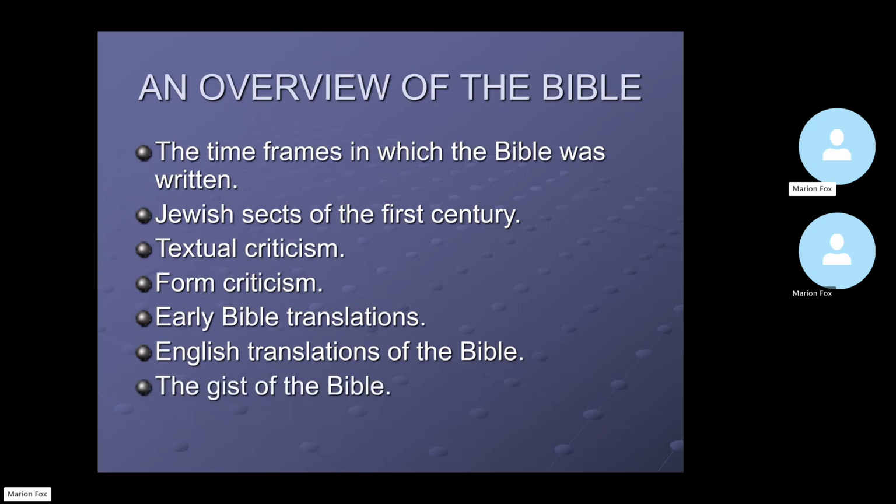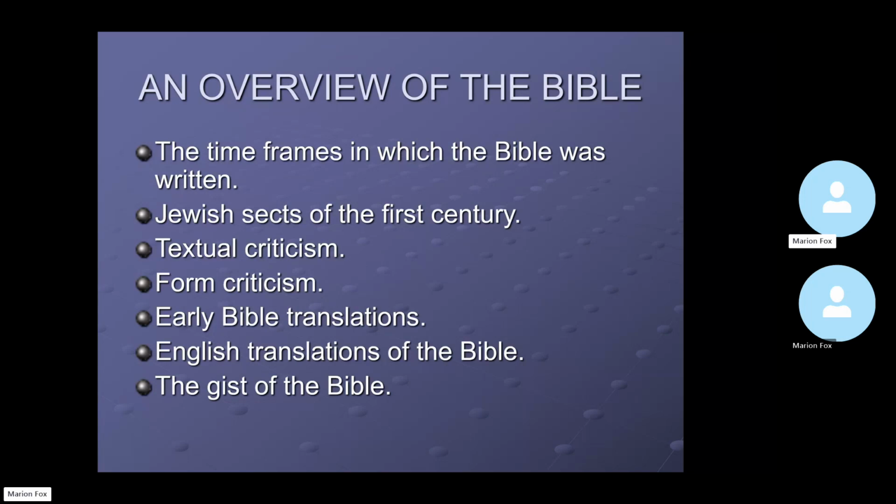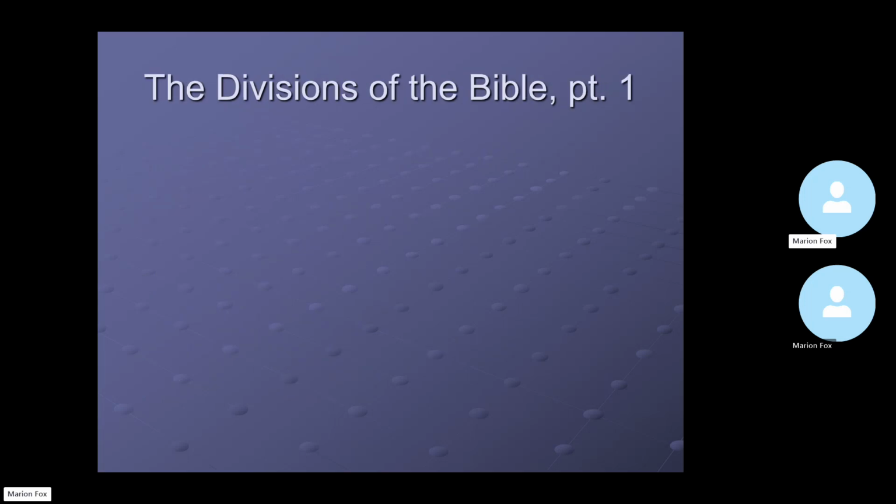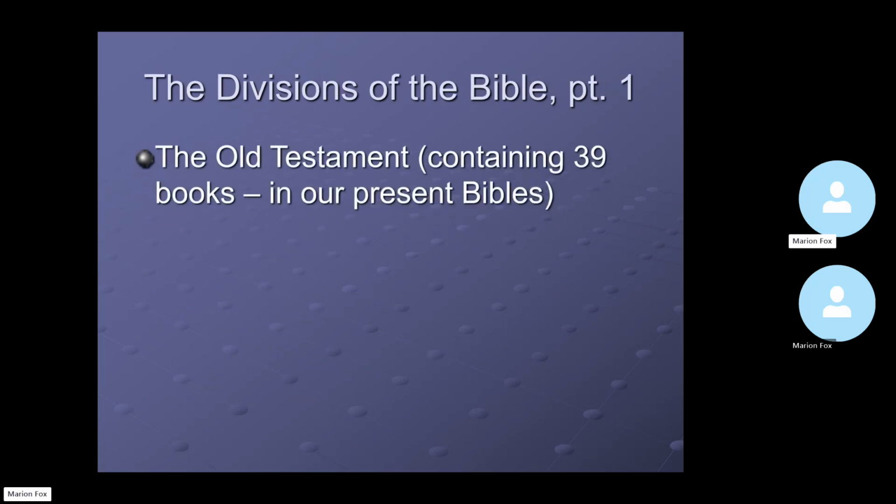And then, of course, this would lead us into the Gist of the Bible, which is being taught by another one of our instructors, Chris Hill. So this would lead right into his course and work well with his.